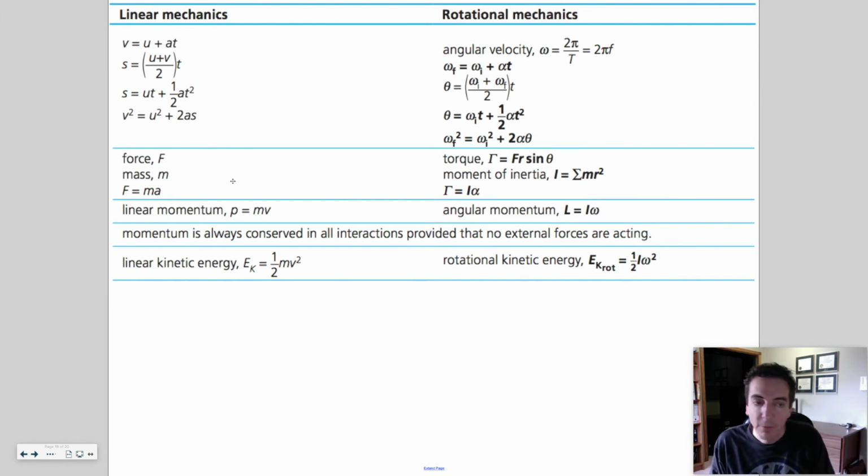Then we talked about forces, 3 laws linear, 3 laws in terms of rotation, momentum, and kinetic energy. So these are some big ideas that we learned all through physics 20 and 30, but now we're taking it all and squishing it into one section for the engineering physics, taking the context from a straight line to a system that's going around and around.